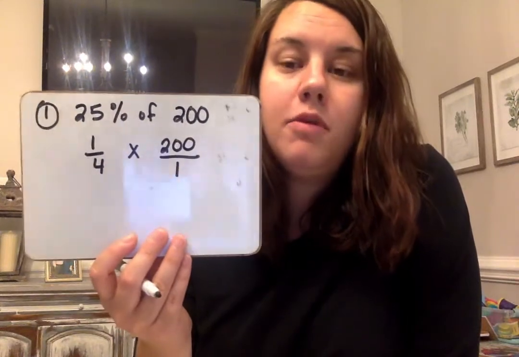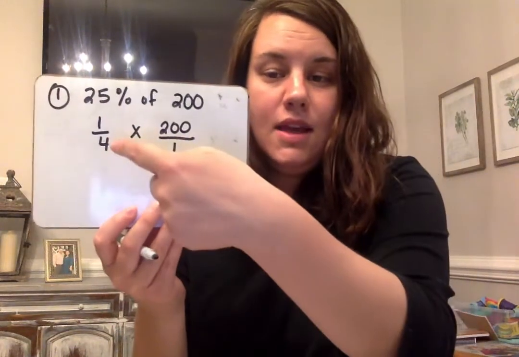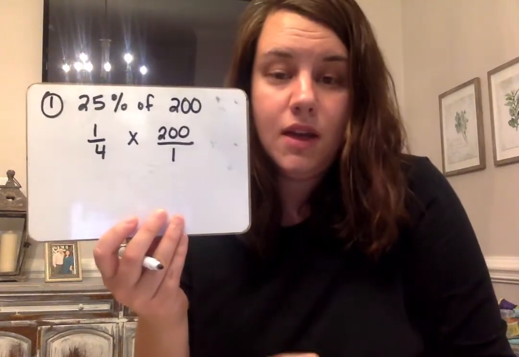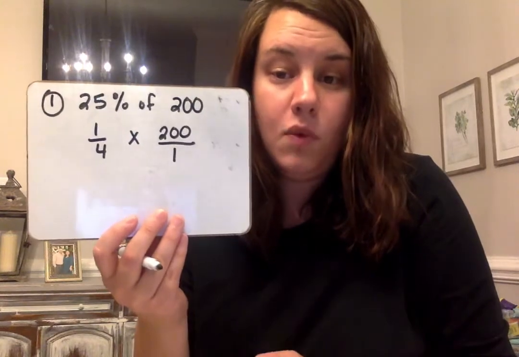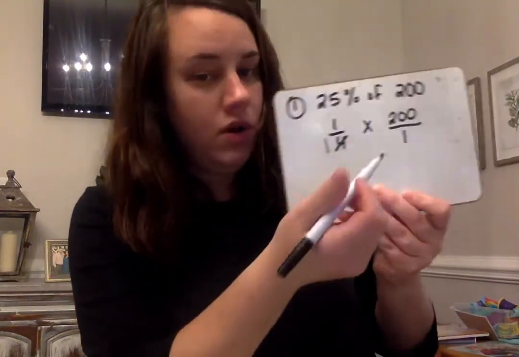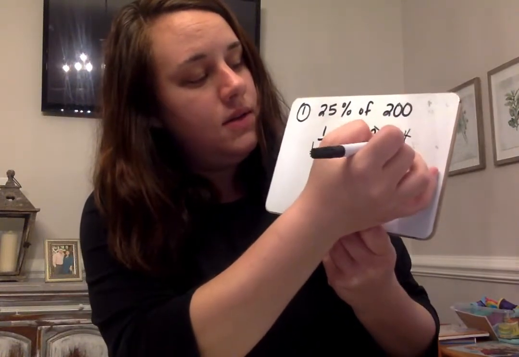So if you remember back, there's a couple ways to do this, and I think what you did first was recognize that you can simplify some terms, okay? 4 and 200 have something in common. You can divide both of them by 4, okay? So if you want to do that first, you can. I would change this 4 to a 1 because you're dividing it by 4. You can do the same thing to 200. 200 divided by 4.